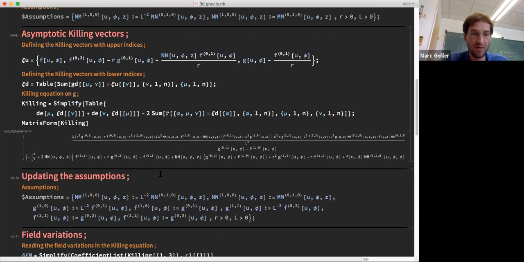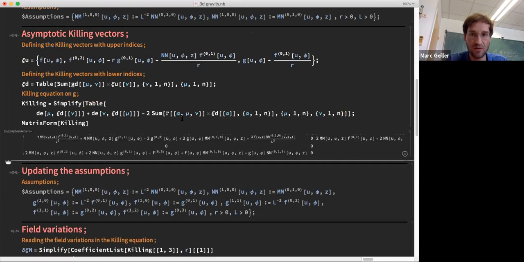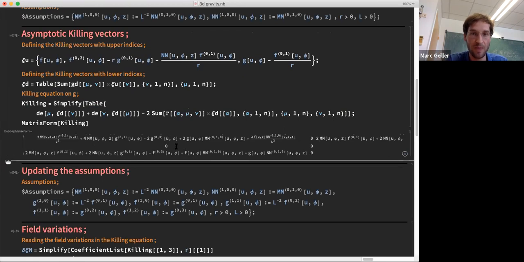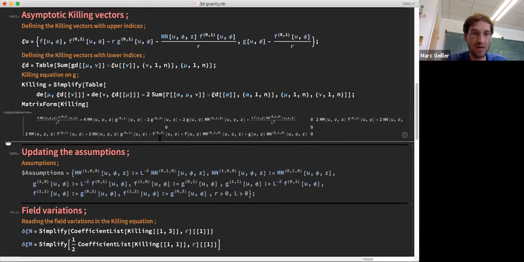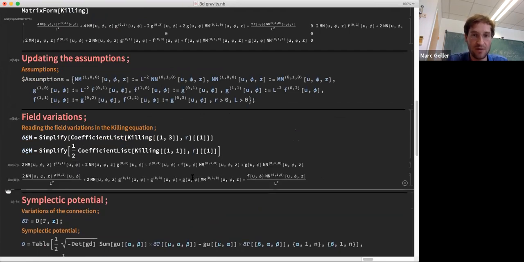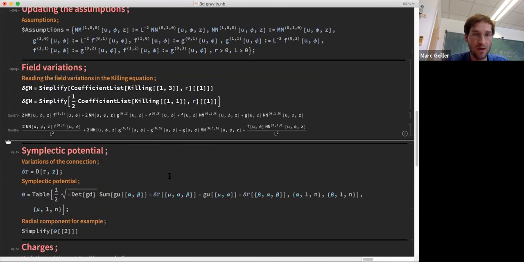So to implement this, we just update the assumptions here. If I update the assumptions, now we get this proper form of the action of a Lie derivative on the metric. From this, we can read the field variations here. And you see these field variations are exactly what we gave in the lecture.